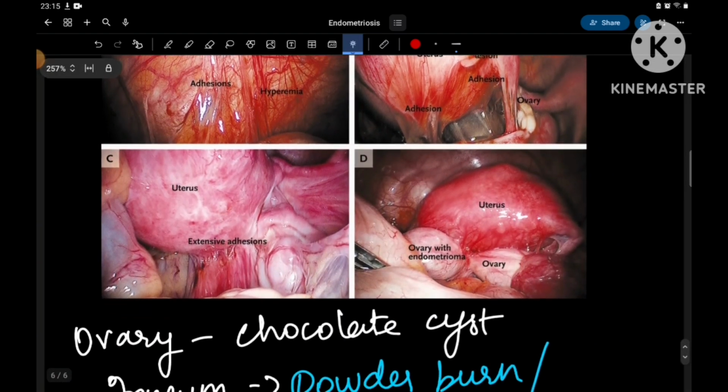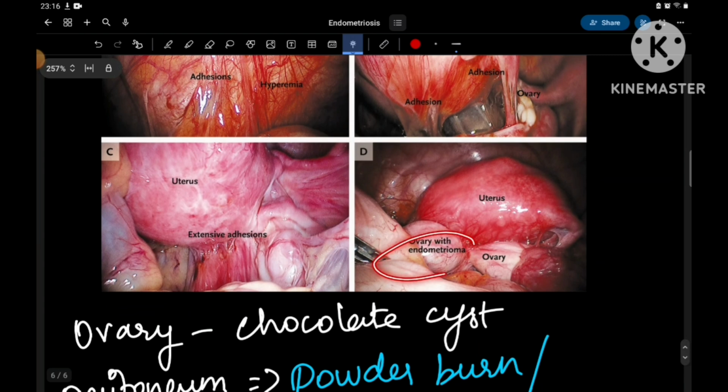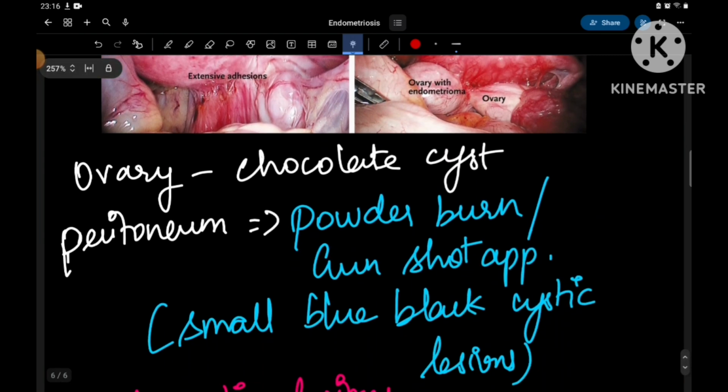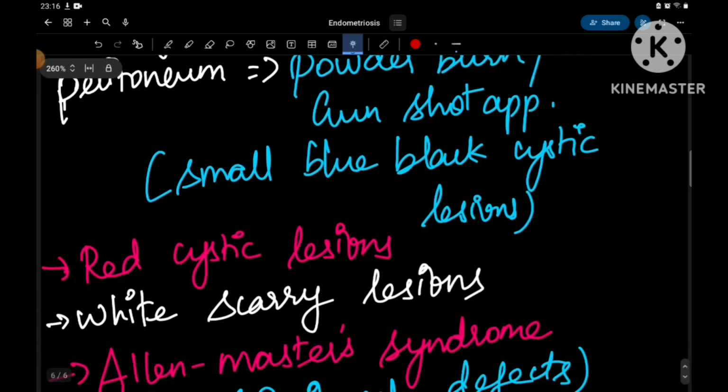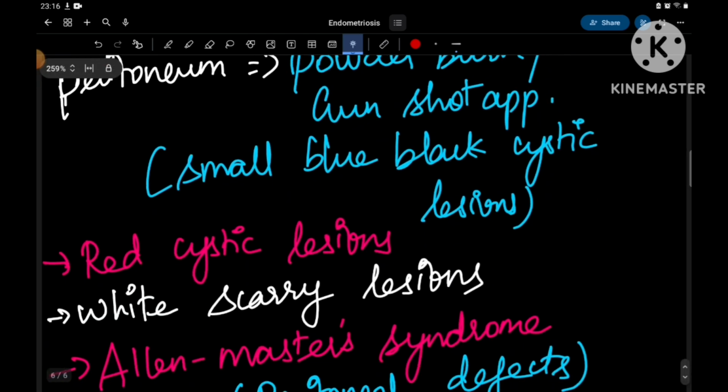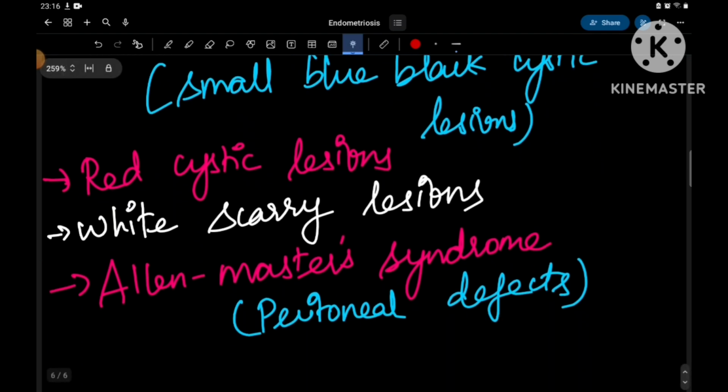Next, you can see the ovarian endometrioma, chocolate cyst. So the ovary presents with chocolate cyst, the peritoneum with powder burn or gunshot appearance, which is nothing but small blue-black cystic lesions. Next, red cystic lesions, white scarry lesions, and Allen-Masters syndrome, which is nothing but peritoneal defects.